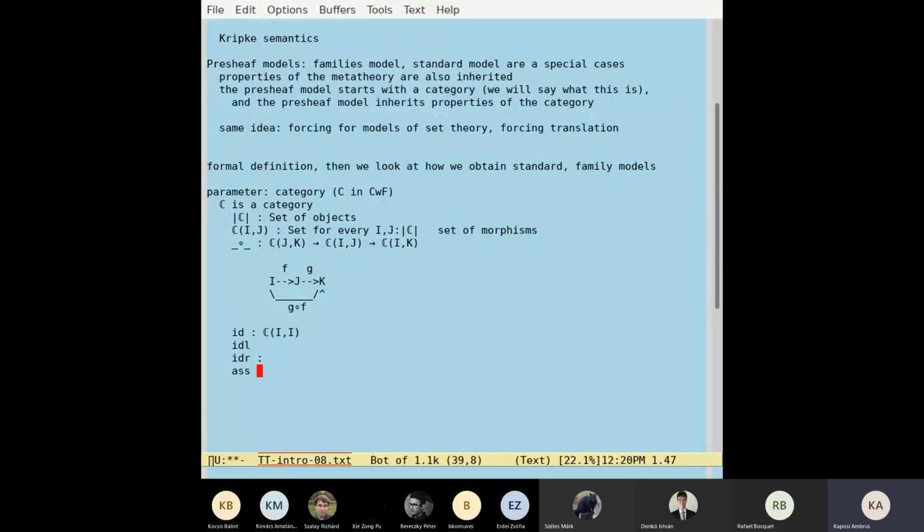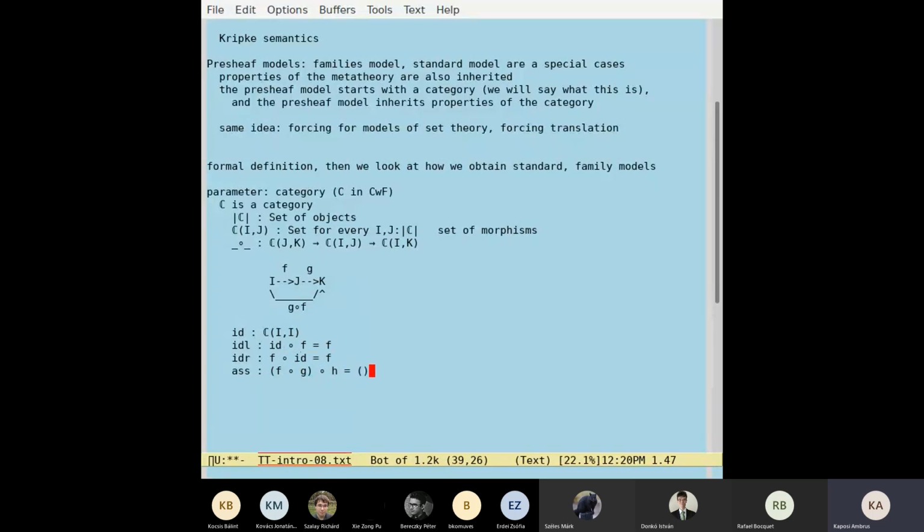A category is a generalization of a monoid. In a monoid, you also have an identity unit element, a multiplication, and then left and right identity and associativity, which are denoted the same. The left identity says this, the right identity says that if I compose F with an ID on the right, I get the same as F, and associativity just says this.